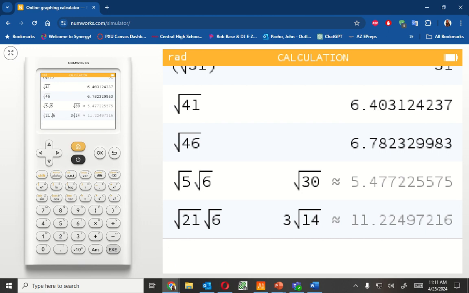You guys are going to take an algebra class next year where one of the units is about simplifying. And that's where a lot of people struggle. And so that's the reason why I try to show you, hey, this calculator here will do that part for you. Most calculators do not. So by plugging those in together, it's going to simplify to be 3 rad 14, which is approximately 11.2.